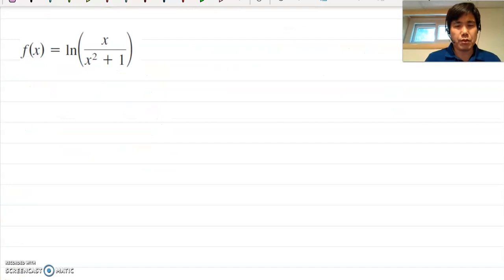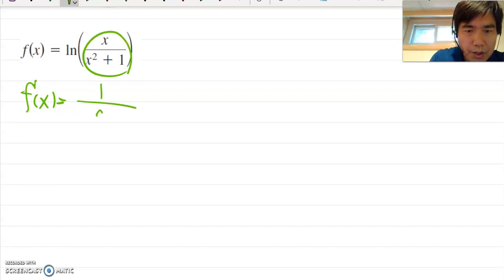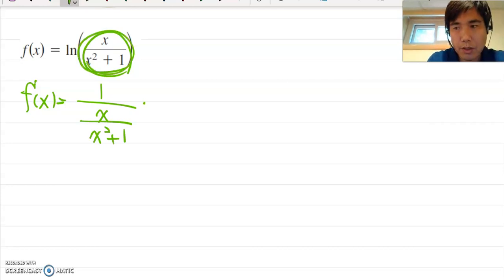Question, f of x equals ln of x over x squared plus 1. Okay, so in this case, f prime x becomes, first of all, 1 over the whole thing here, which is x over x squared plus 1, multiplied by the derivative of the inside one here. So I'm going to use the quotient rule.